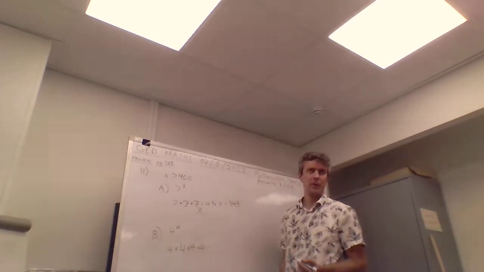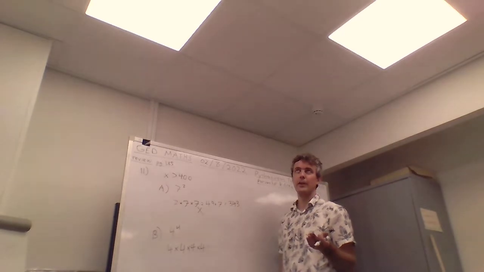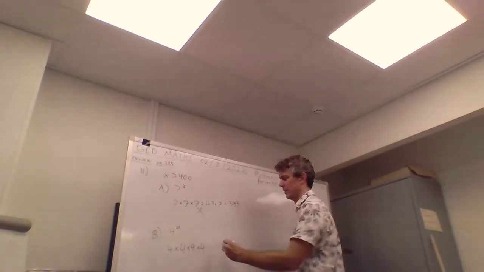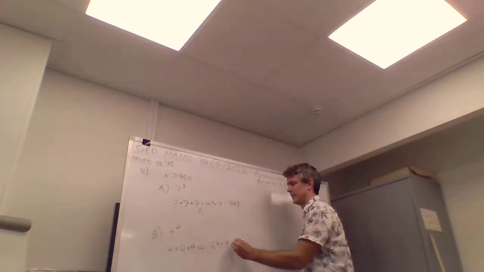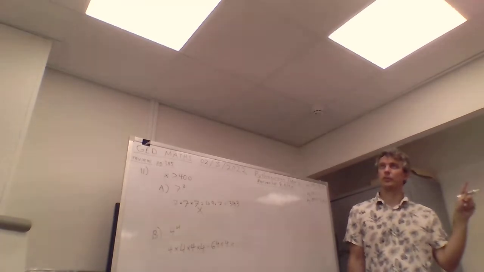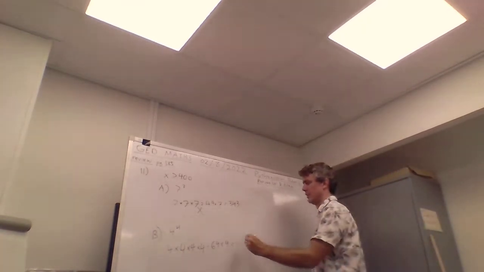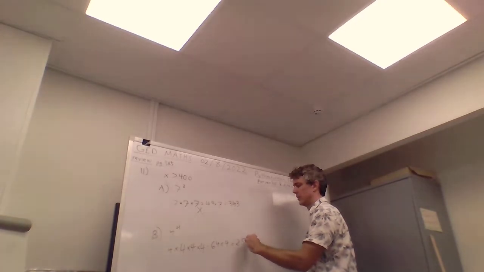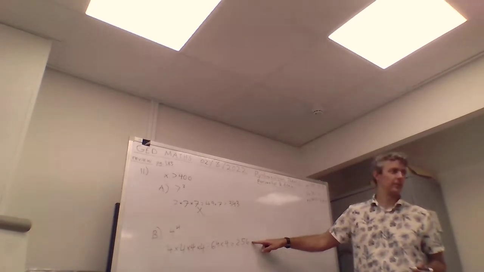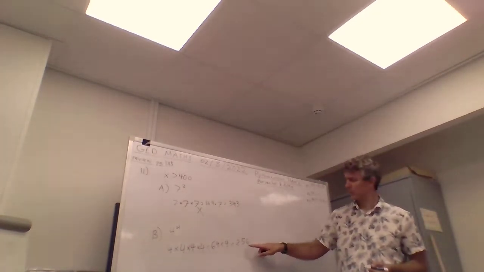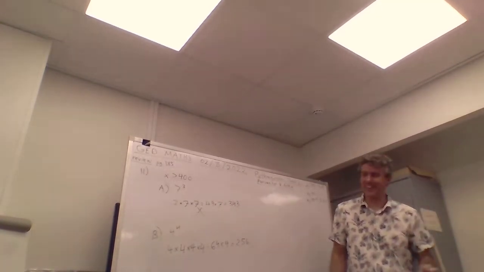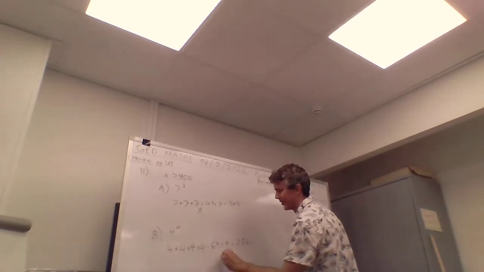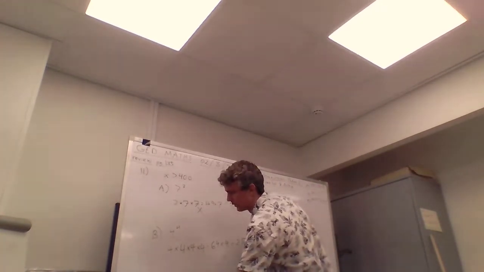Or 16 times 4 is 64, so it's 64 times 4, which is 240 plus 16. 256. Is that greater than 400? No, 256 is less than 400. So not B.